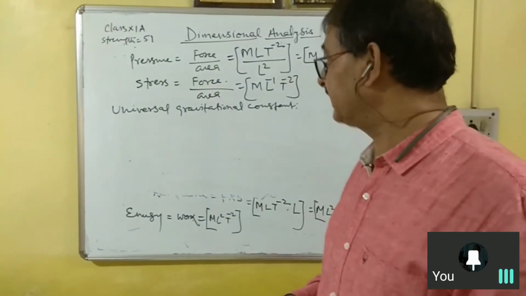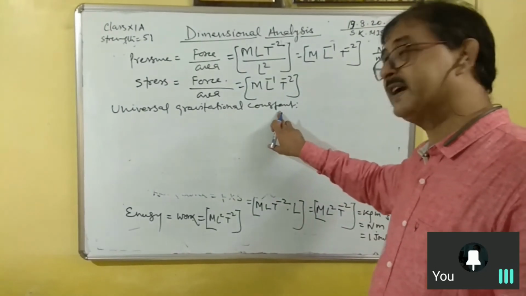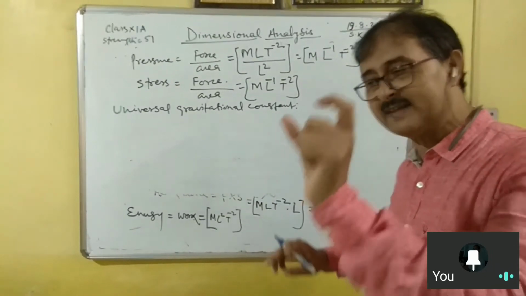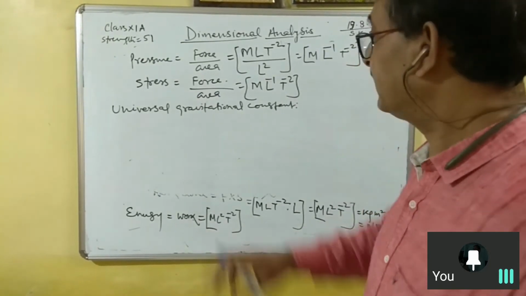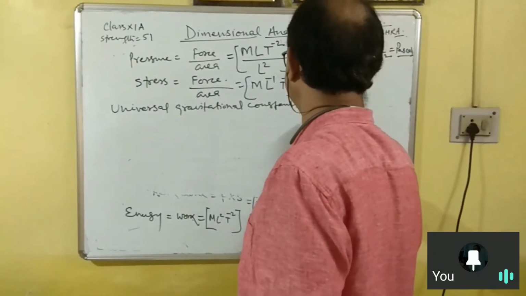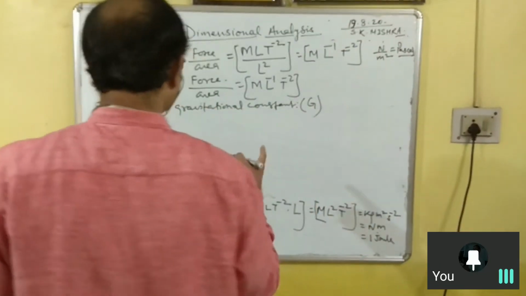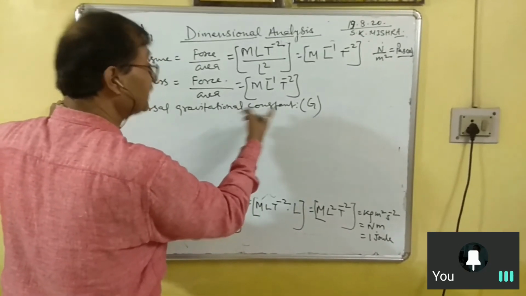But here is a physical quantity which, though it is a constant, has dimension. Pi is also a constant but has no dimension. But the universal gravitational constant, represented by capital G, has dimension, though it is a constant.